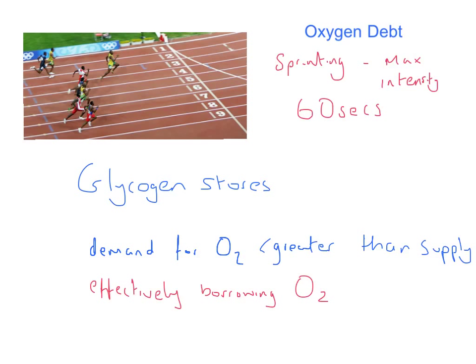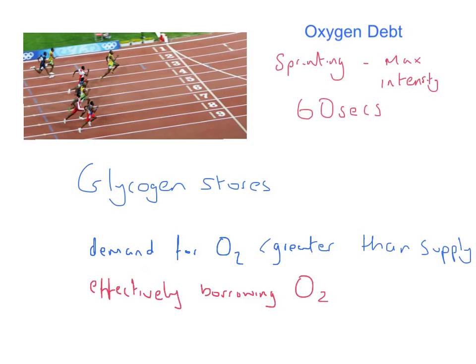So Usain Bolt running down here, he isn't really breathing, which means he's not using any oxygen to produce energy. He's actually using his glycogen stores, which will be broken down, and they'll be producing that energy. Now because he's only using his glycogen stores, he is borrowing oxygen, which means he needs to pay that back after the race.